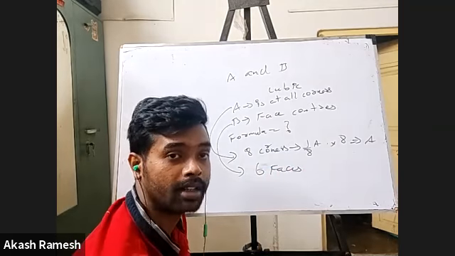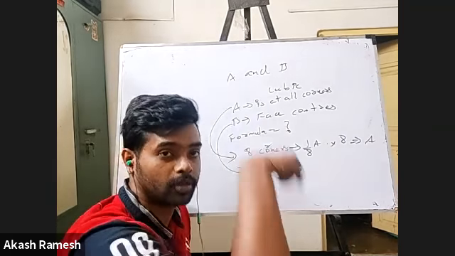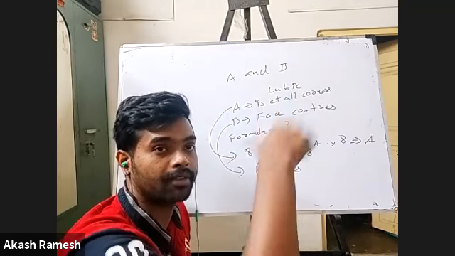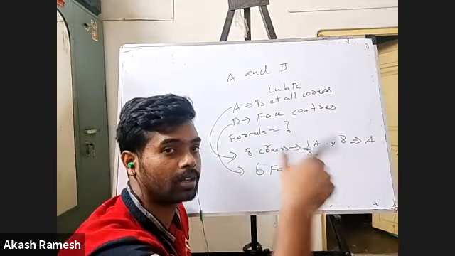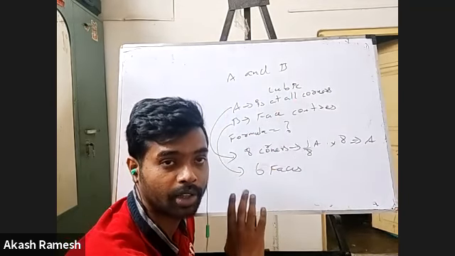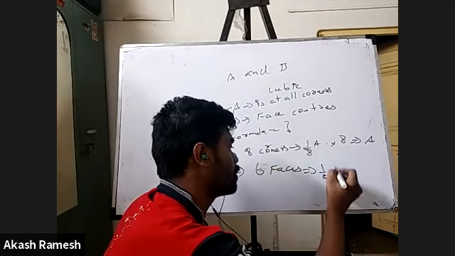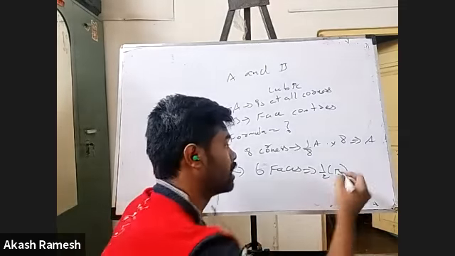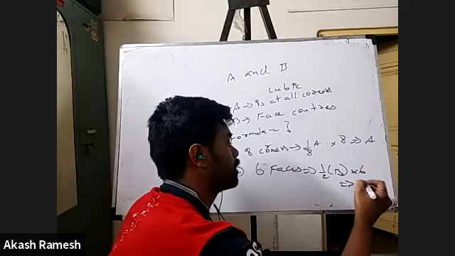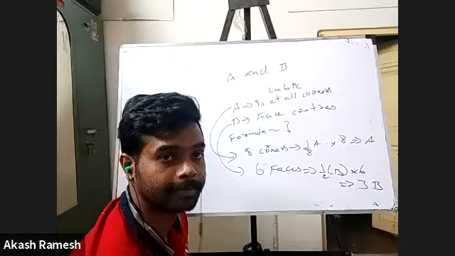If I take a room, top is one face, bottom is one face, this side is one, that side is one. So totally 6 faces. In 6 faces, the contribution would be 1/2 of B from each face center, so 1/2 into 6 becomes 3. So 3B is what I'll have.